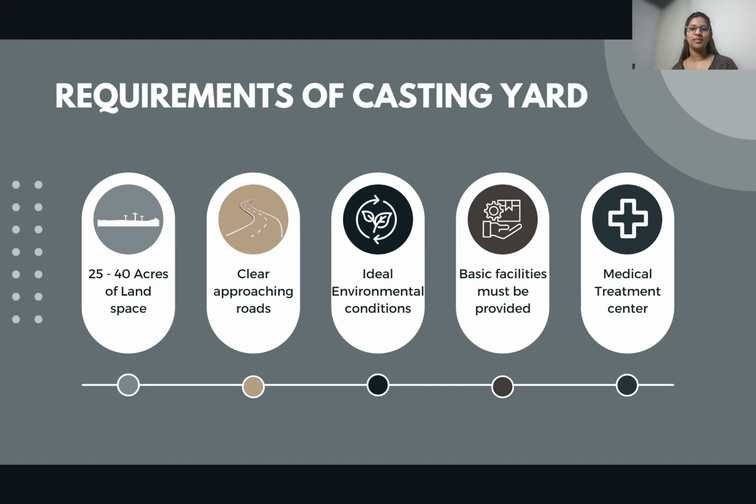They should all be transported using these approaching roads. So from the main road till the casting yard, there should be clearance on this road. There shouldn't be any obstacles, because these structural units manufactured at the casting yard shouldn't get damaged. That is why there should be a clear approaching road.